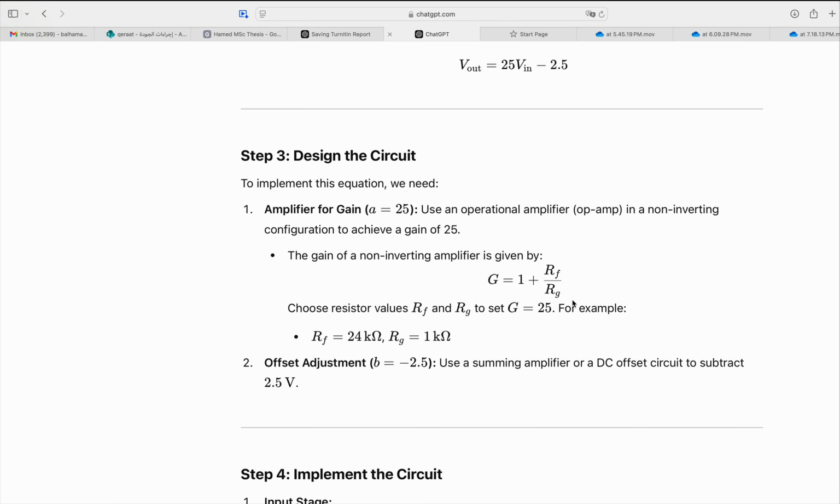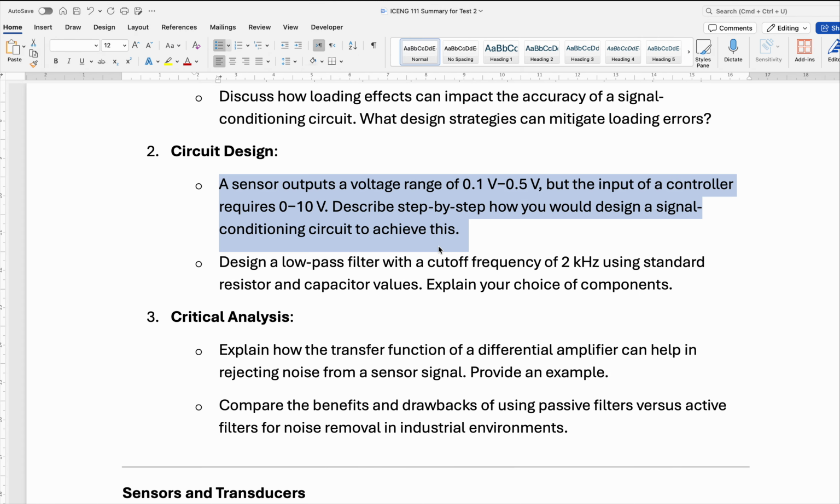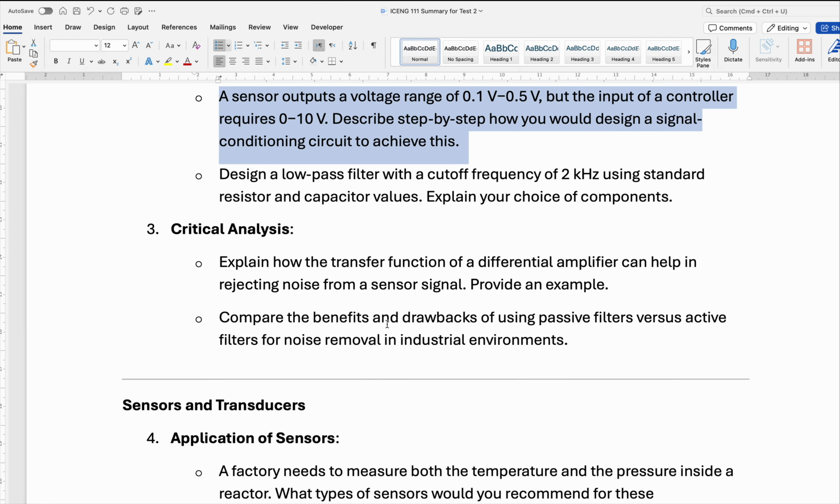And in this case, you can see that he used a non-inverting amplifier, which is 1 plus R2 over R1, rather than an inverting one. So you can see that you always can have many different ideas of how to represent the solution.